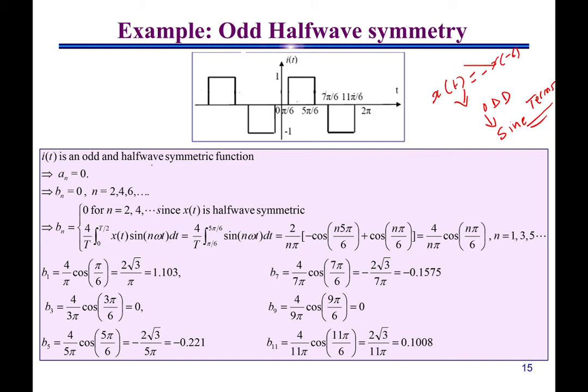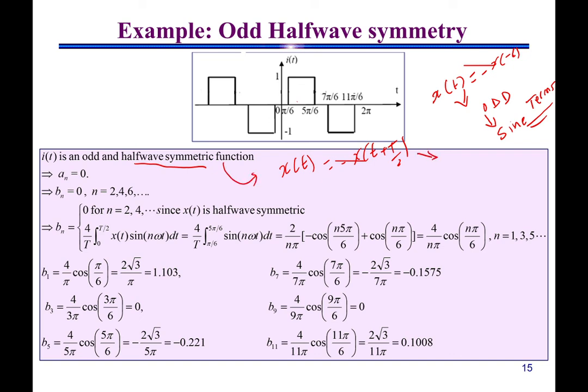Okay, and it is also half wave symmetry. Since x of t will be equal to minus x of t plus T over 2, it is half wave symmetry.